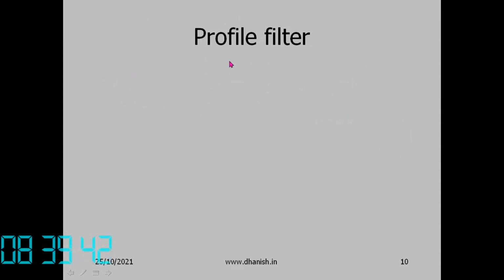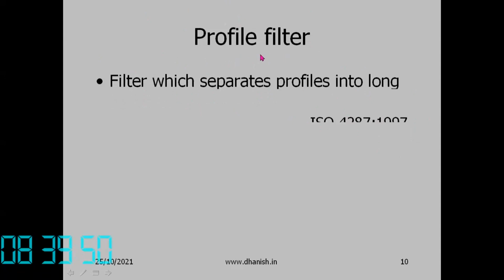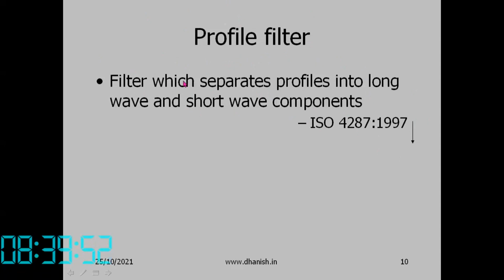Now we apply the filters to separate out roughness, waviness, and form. A profile filter is a filter which separates profiles into long wave and short wave components. This is just a definition of a profile filter. As you are seeing, nowadays we are all using only digitized data.